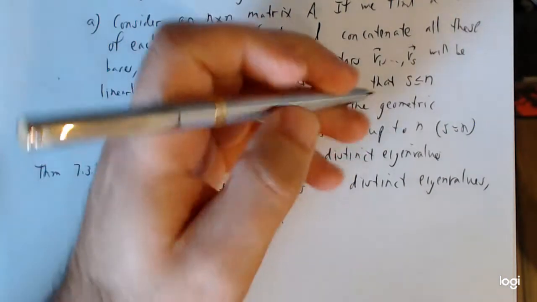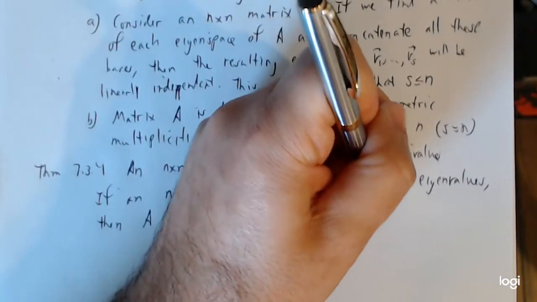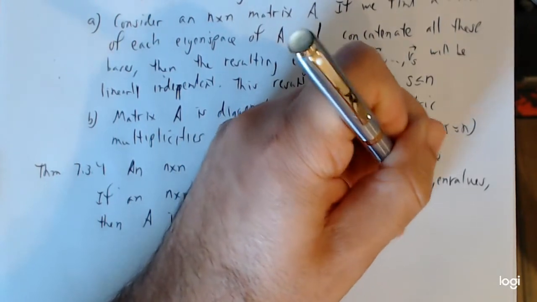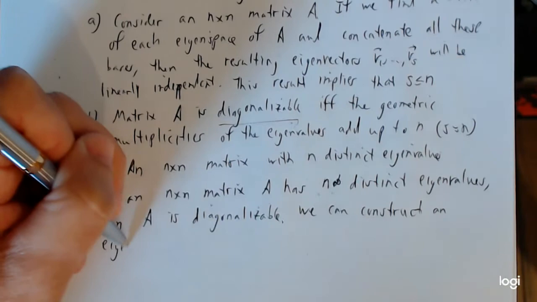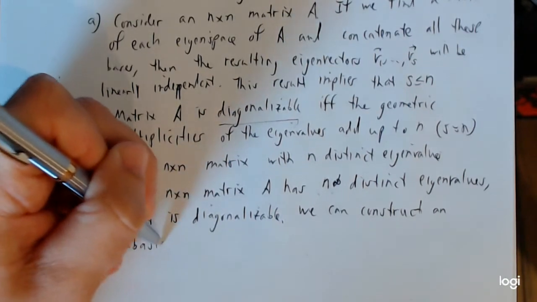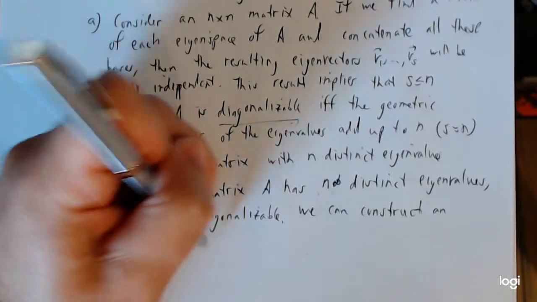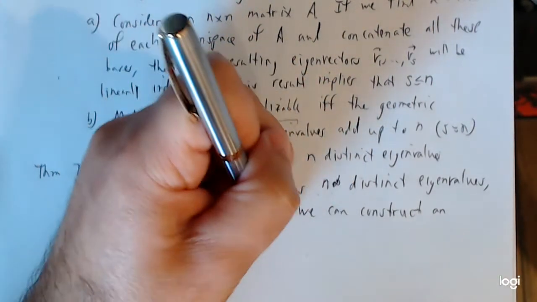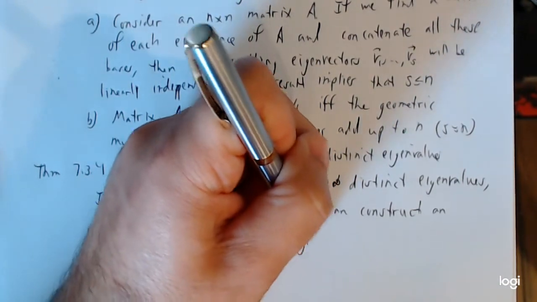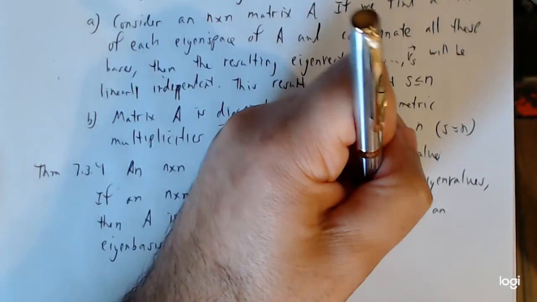So then we can easily construct an eigenbasis by finding an eigenvector for each eigenvalue.